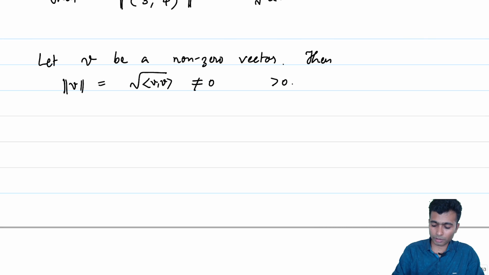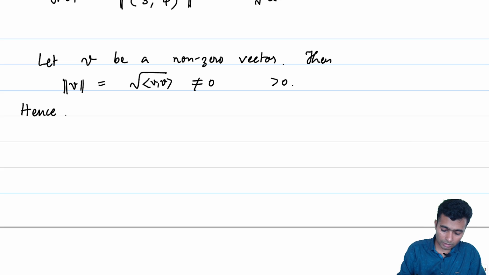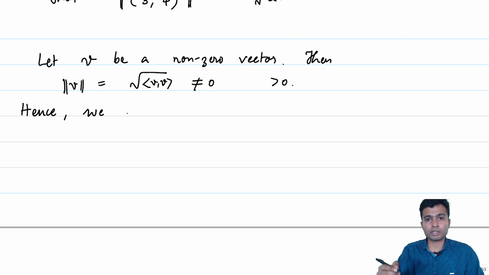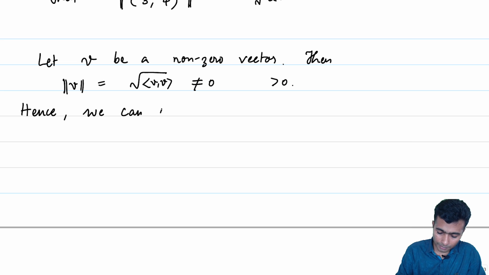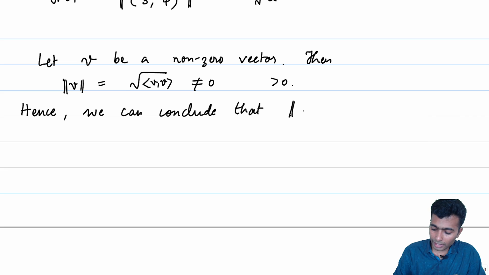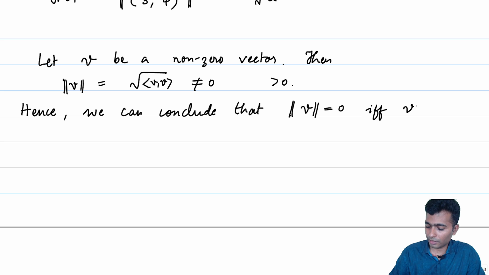So hence we can conclude, in particular, that the norm of 0 is the square root of the inner product of 0 with itself, which is equal to 0, and therefore we can conclude that the length of v is 0 if and only if v is equal to 0.